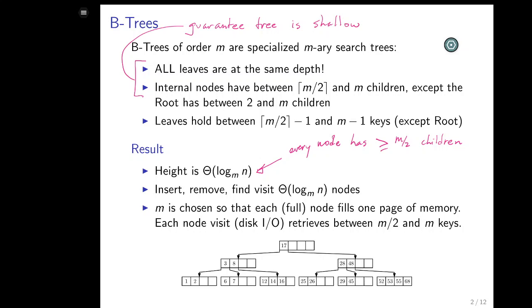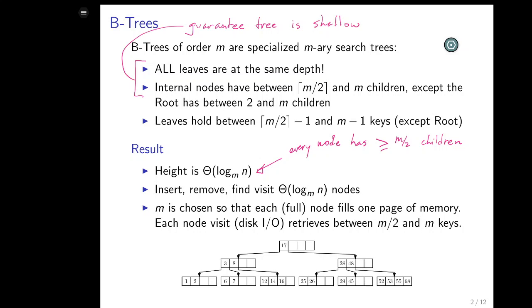We asked, what's the fewest number of nodes that we could use to make an AVL tree of height h? You can do exactly the same thing here, and rather than using log base 2, you use log base m, because the branching factor, the number of children for each node, is at least m over 2. So you would get something like log base m over 2 of n, which is theta of log base m of n. You can do the same argument.